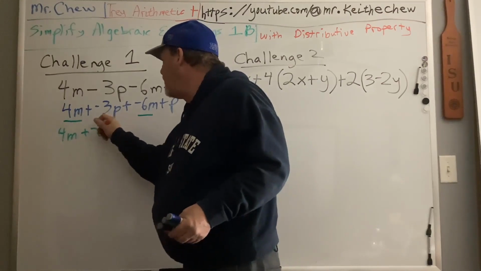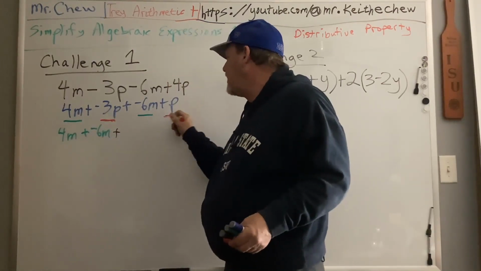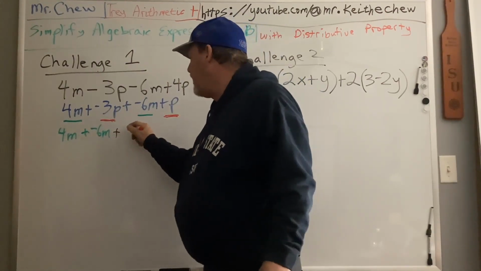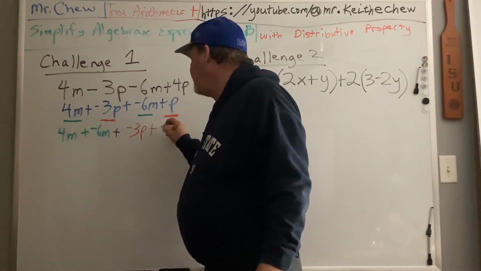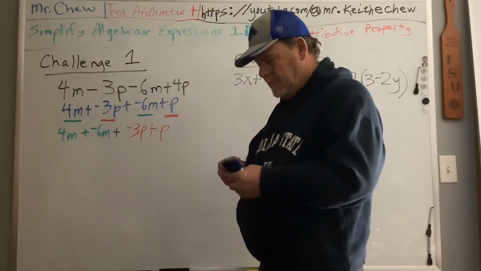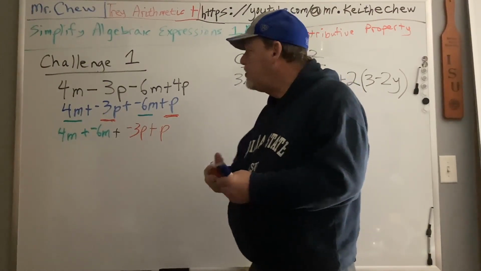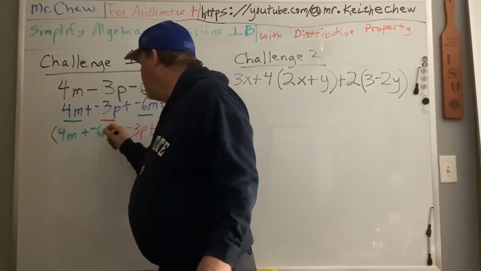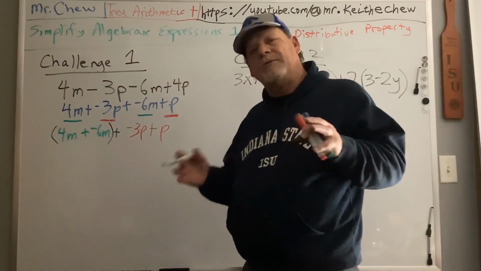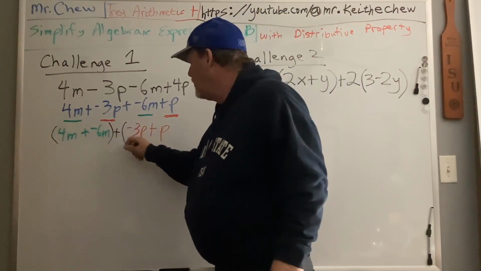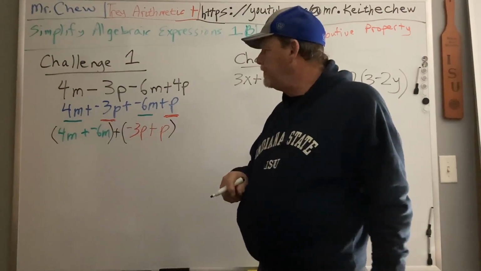This has a variable of p. This has a variable of p. So I have negative 3p plus p. I can use the associative property to say I can group those together. They have like terms. And likewise the same here.